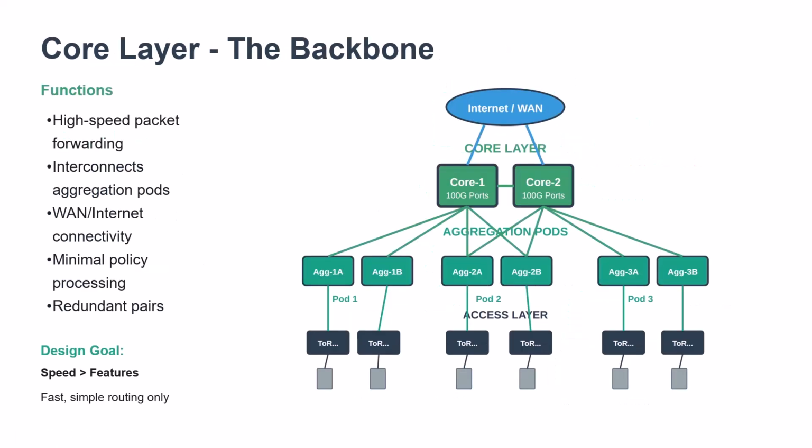At the very top, we have the core layer, the backbone of the data center network. The core layer is all about high-speed forwarding: moving massive amounts of traffic quickly, interconnecting aggregation layers, tying everything together. Minimal processing, no complex policies here, just fast packet forwarding and redundancy, typically deployed in pairs or more for maximum uptime.